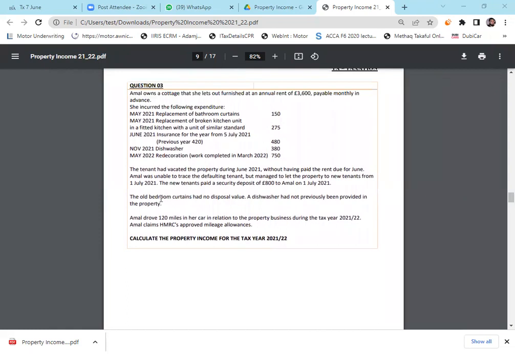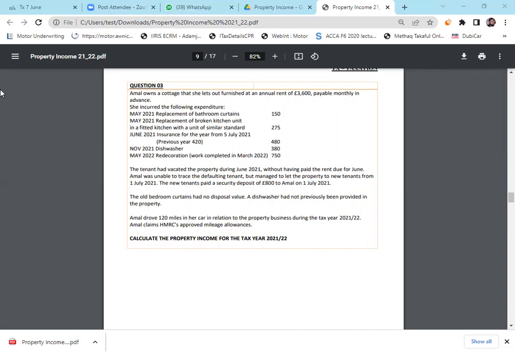Amal owns a cottage that she lets out furnished at an annual rent of £3,600 payable monthly in advance. She incurred the following expenditure. May 2021 replacement of bathroom curtains 150. May 2021 replacement of broken kitchen units in a fitted kitchen with a unit of similar standard 275.